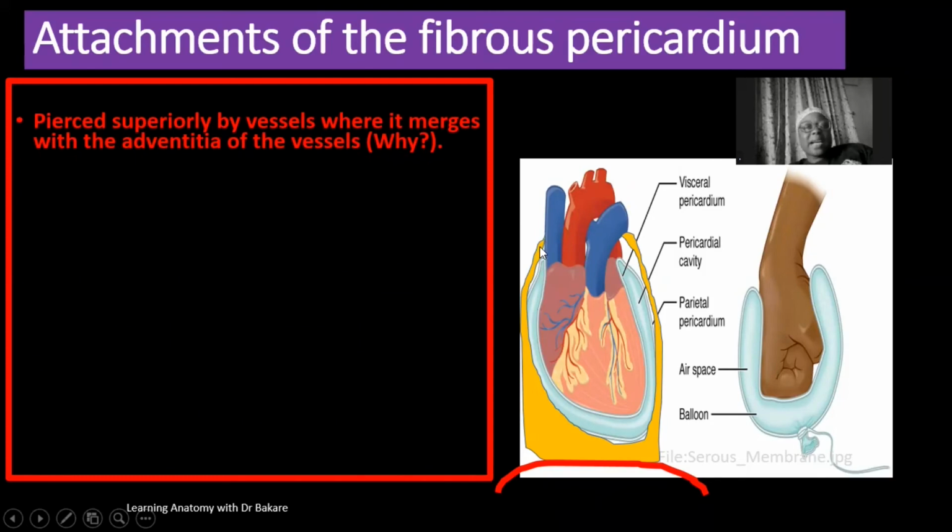As the fibrous pericardium connects with the adventitial layer of the great vessels, it's also helping to give a form of structural connection to it at the upper part. So it helps to hold the great vessels onto the superior border of the heart so that they can be well placed. This is at the region where it merges with the adventitia of the great vessels.